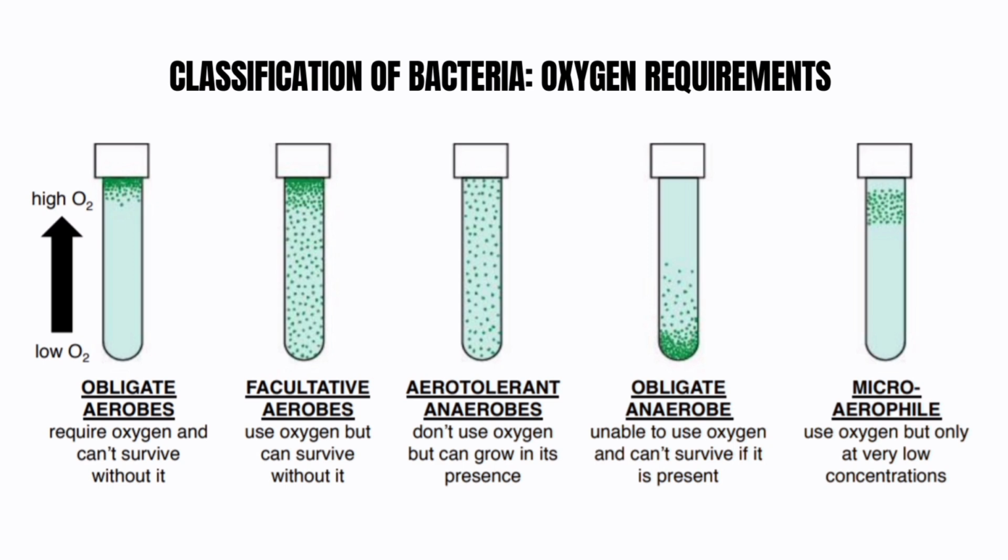We have the aerotolerant anaerobes, which do not use oxygen but can grow in its presence. We have the obligate anaerobes, which are unable to use oxygen and can't survive if it is present. And we have the microaerophiles, which use oxygen but at a very low concentration.